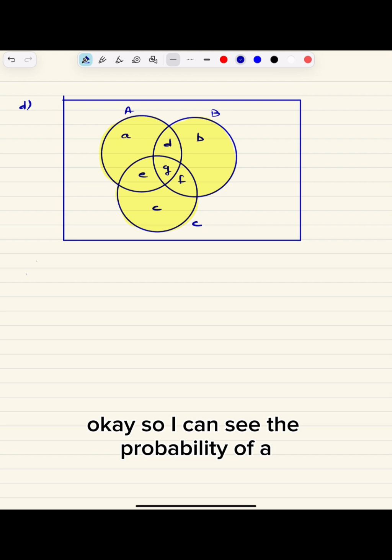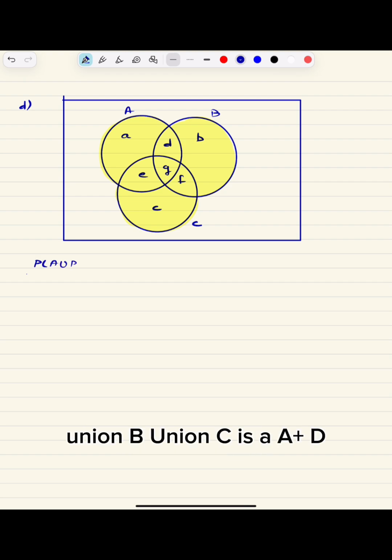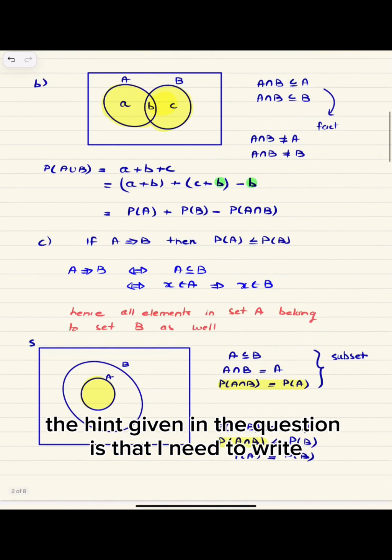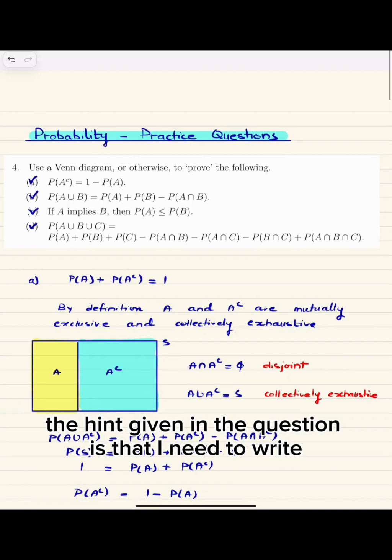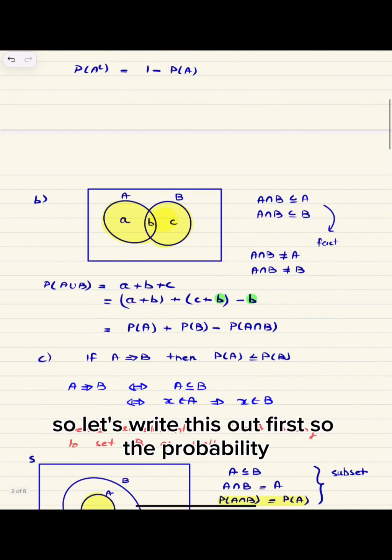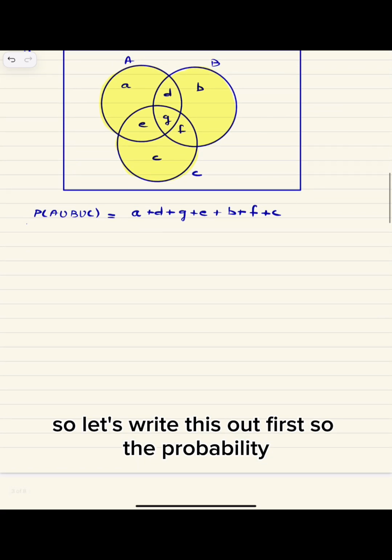I can see the probability of A union B union C is A plus D plus G plus E plus B plus F plus C. And the hint given in the question is that I need to write the probability of A, probability of B, probability of C. So let's write this out first.